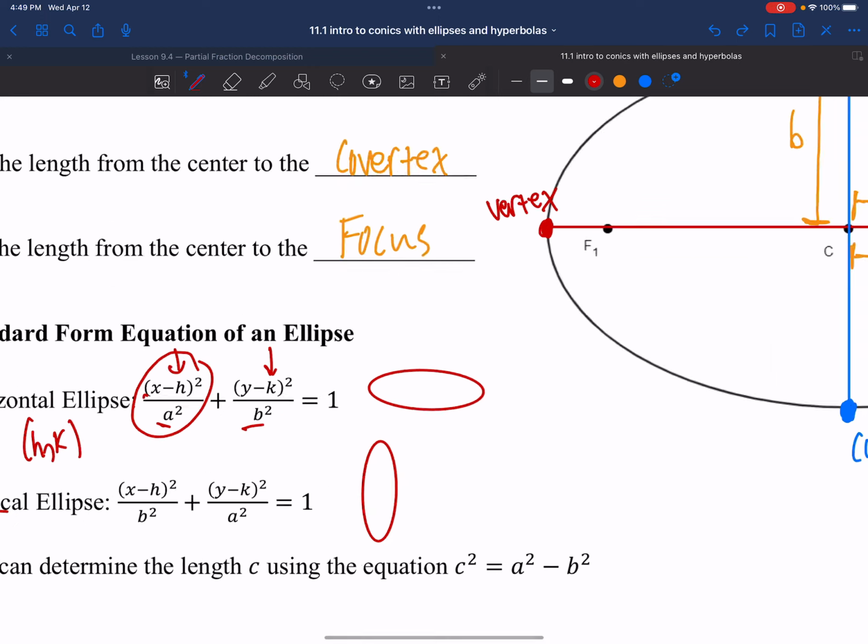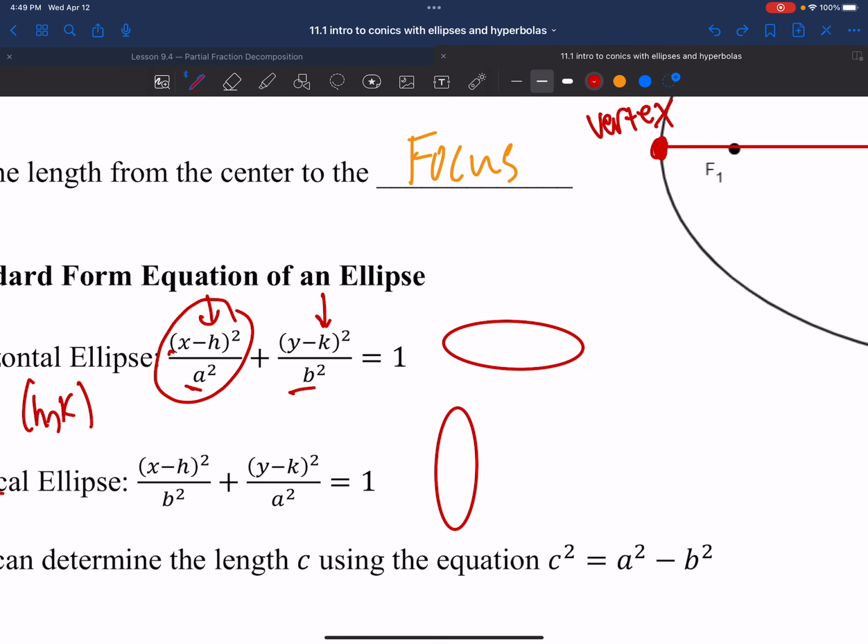You probably totally understand what I'm saying. It's x because your vertices are horizontally, like over here. They're A horizontally, it's associated with x. A vertically would be associated with y. Okay, I hope that was better.